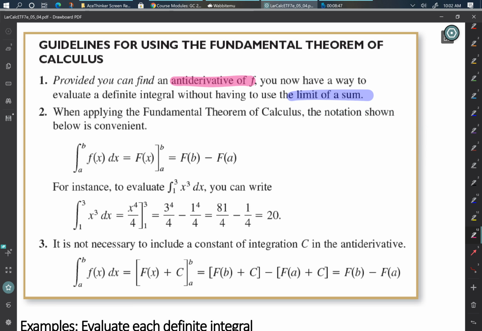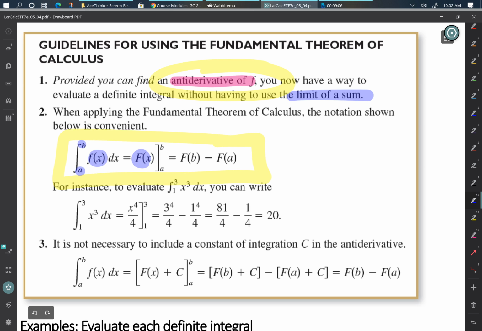Okay, so step one is done. We found an antiderivative. Let's just assume that for whatever function we're working with, we found one. Now we need to do this. My job is to take the definite integral of a little function f of x starting at a, stopping at b.